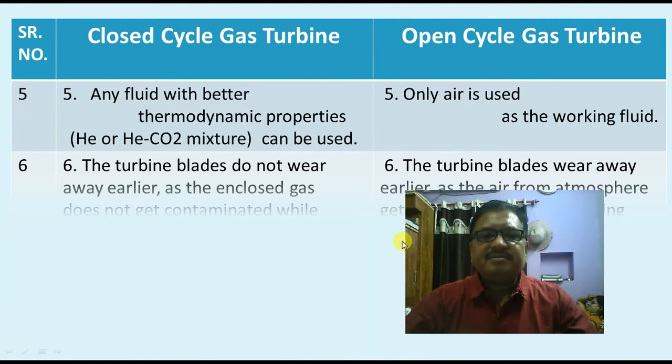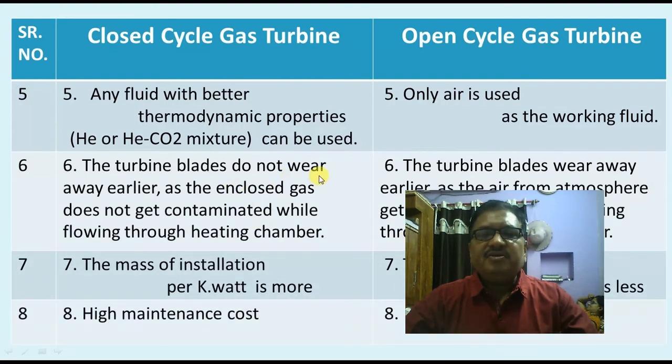The sixth point, the turbine blades do not wear away earlier as the enclosed gas does not get contaminated while flowing through the heating chamber. So the life of the turbine blades is better in case of closed cycle gas turbine because they do not wear, because the gas which is impinged, which strikes the turbine blades, that gas is not corrosive.